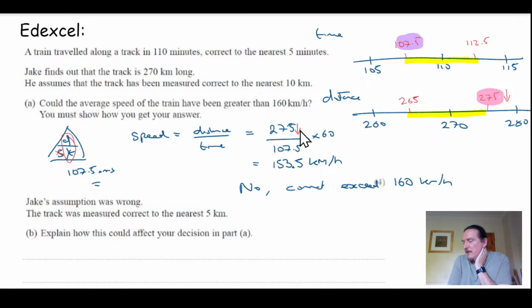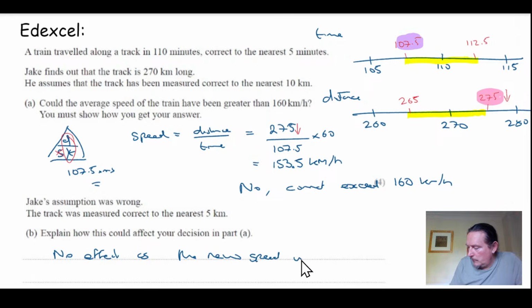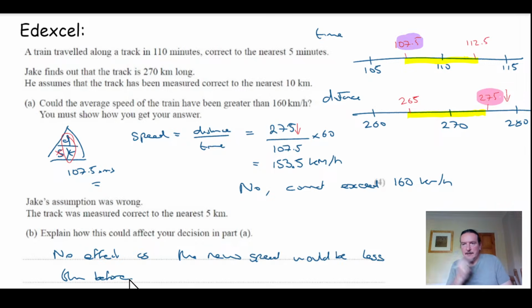That's just going to give me a slower speed than I had, and it's certainly not going to get any closer to 160. So I'm going to say no effect, as the new speed would be less than before. Okay, something along those lines. So it's not going to affect my decision because the speed of the train would actually be going slower than it was before, so it definitely wouldn't go over 160.